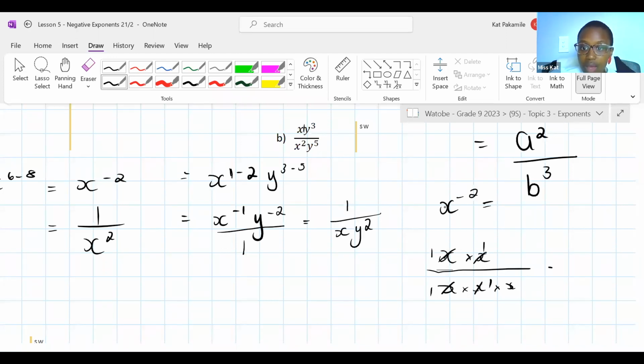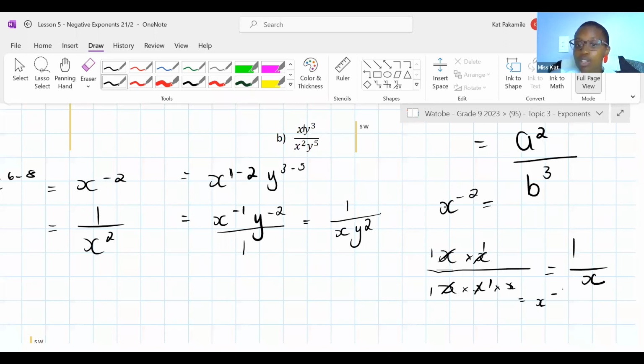What is left in the numerator? 1 times 1 is how much? 1. And in the denominator, you have 1 times x. How much is that? 1x, which is just x. You see that? But that is the same as saying x to the negative 1.